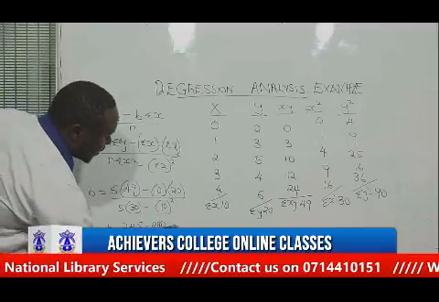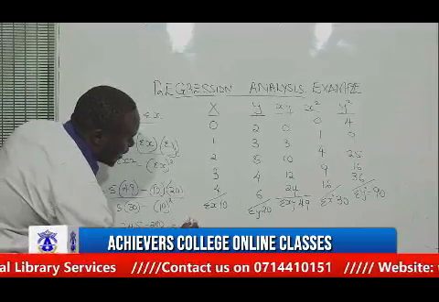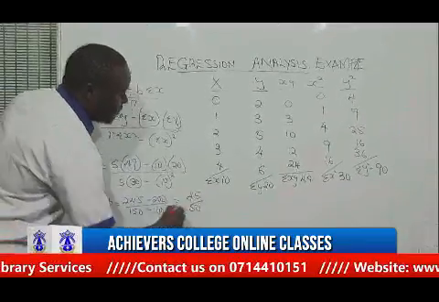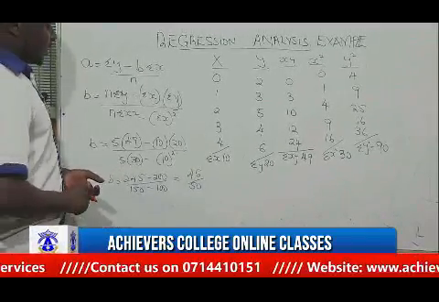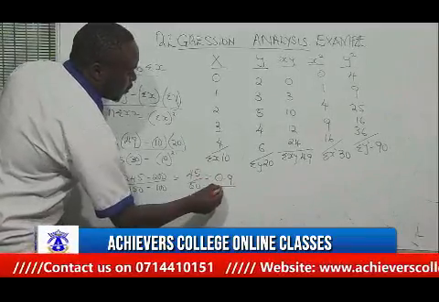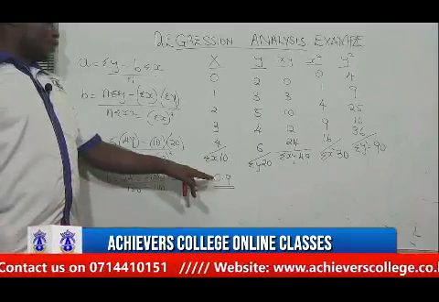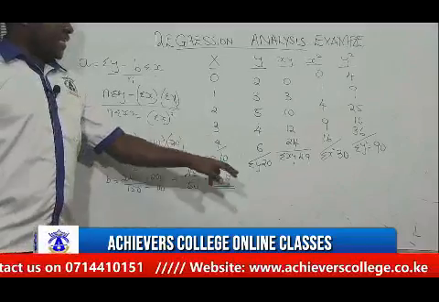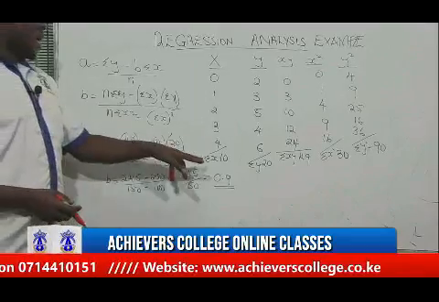So this will be 45 divided by 50, and you are going to get 0.9. So when we are looking at the value of b, b is equal to 0.9. That is the value of b.